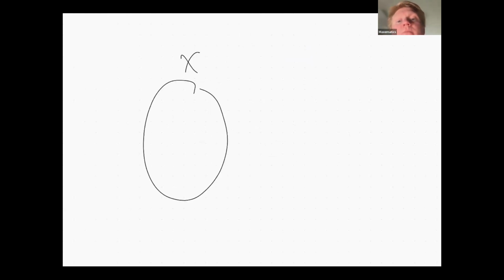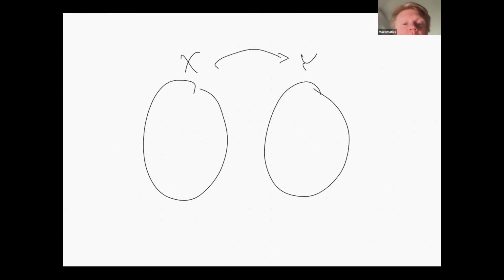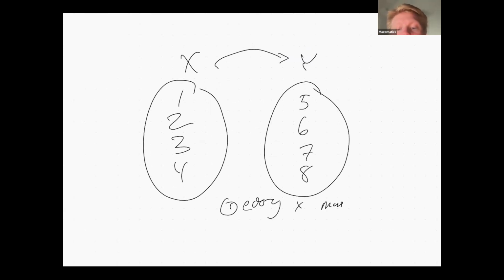So let's say we have some set x, some set y, and we're mapping from x to y. Let's again go 1, 2, 3, 4, 5, 6, 7, 8. The rules of functions are as follows. First rule is that every x must be used, and second, every x can only be used once.